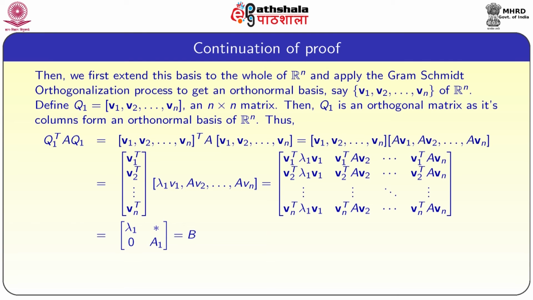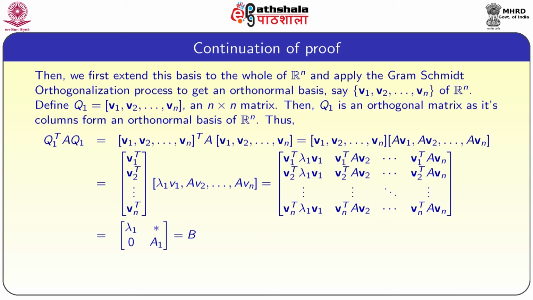So, which is equal to [v1 transpose, v2 transpose, ..., vn transpose] into [lambda 1 v1, Av2, ..., Avn]. Which is equal to the matrix with first entry v1 transpose into lambda 1 v1, then v1 transpose Av2 and so on, up to vn transpose Avn.